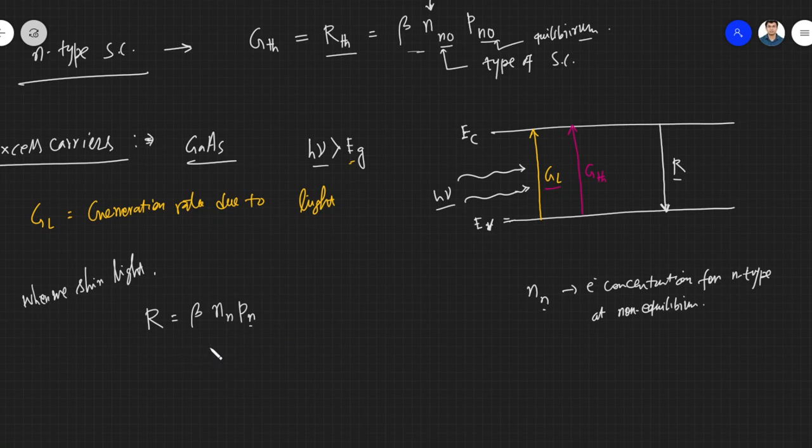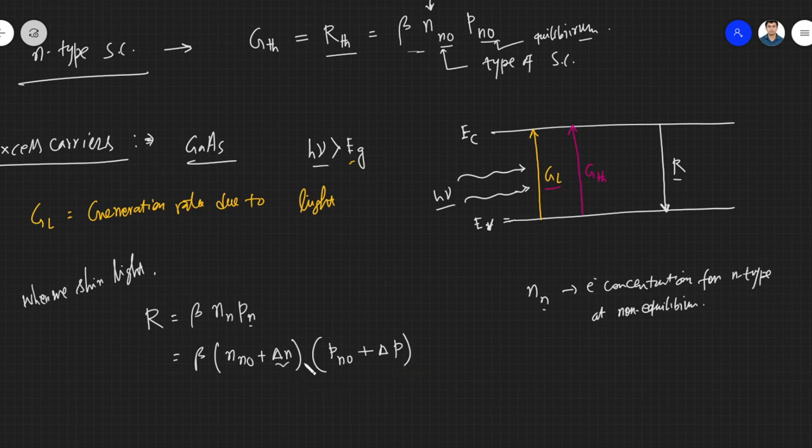And you can write it like so, Nn will be thermally generated electrons plus delta n. Similarly for the holes, Pn will be thermally generated holes plus delta P, right?